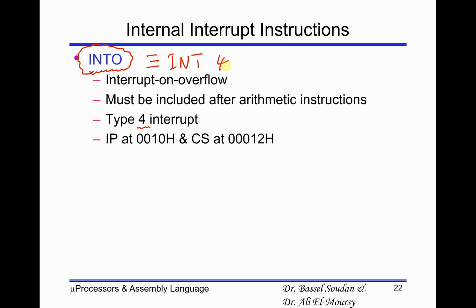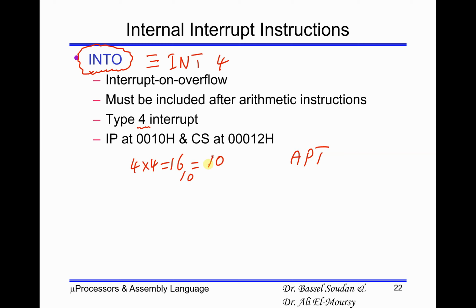Since it is interrupt number 4, the type of the interrupt is 4, so the vector in the address pointer table can be calculated by simply multiplying 4 by 4, which gives you 16. 16 in decimal is 010 in hexa.